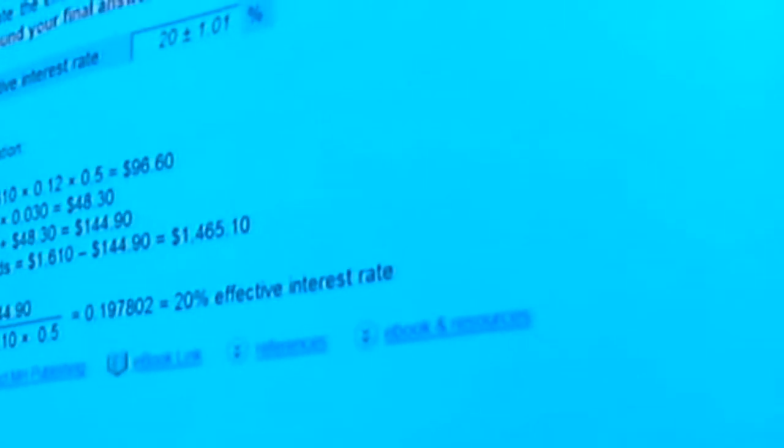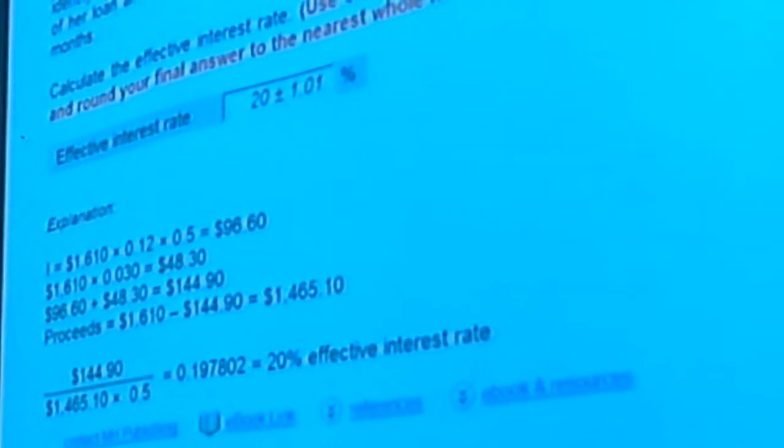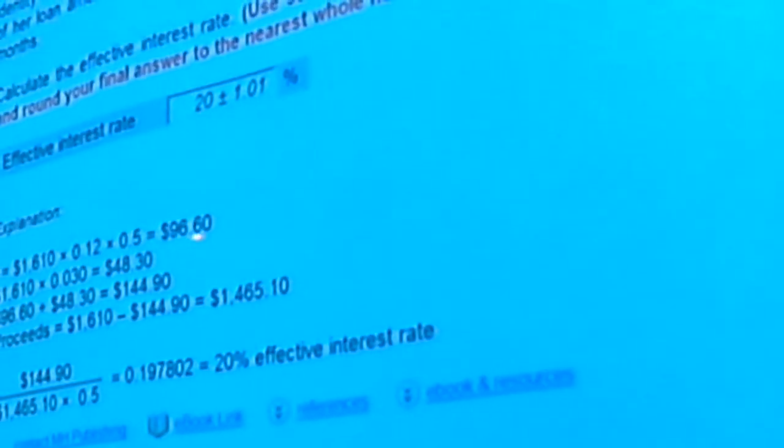Because it's 6 months. Yeah, 6 months is half a year. So 6 over 12 is reducible to 1/2, which equals 0.5. Right. So use 0.5. Okay, so we have the interest.